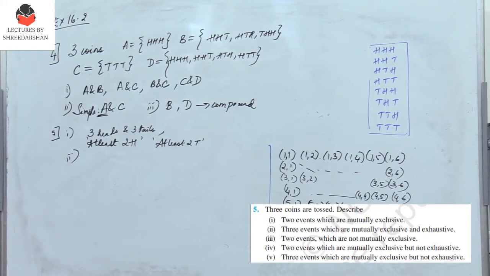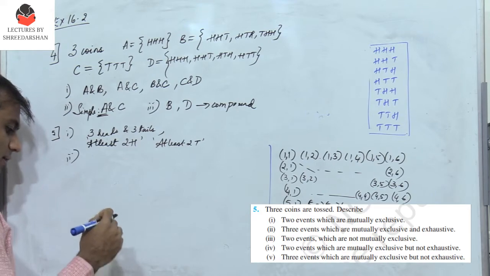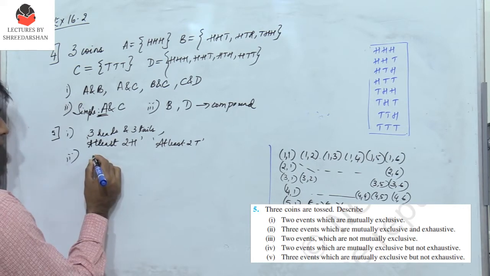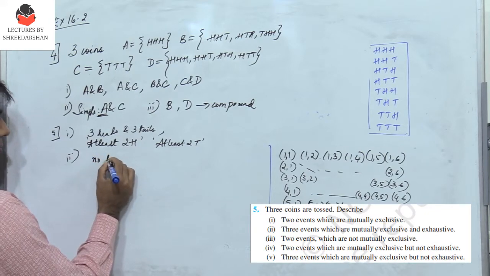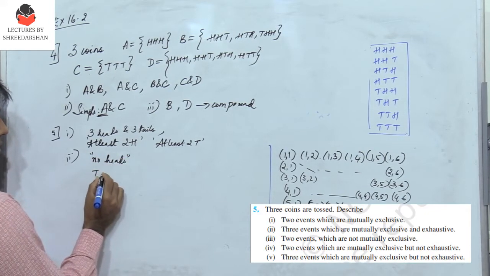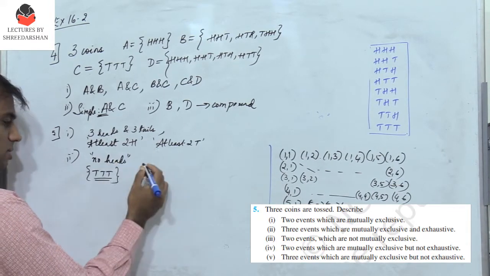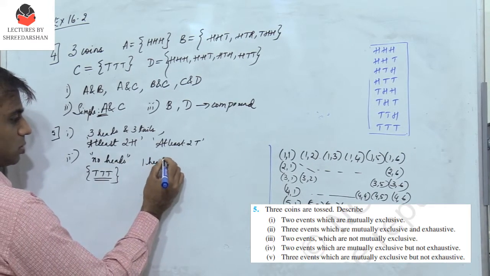Second one, 3 events which are mutually exclusive and exhaustive. So let us consider a case where we have no heads, an event. So that is 3 tails. And let us consider an event where there is 1 head.